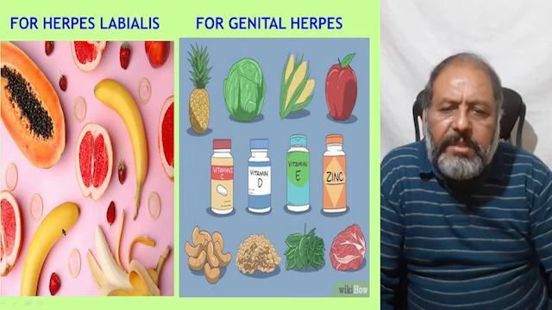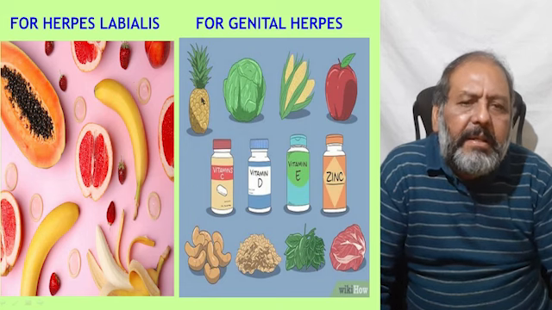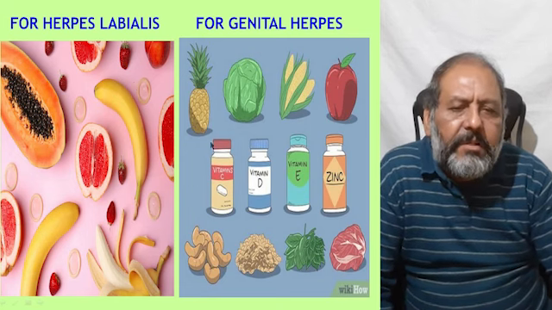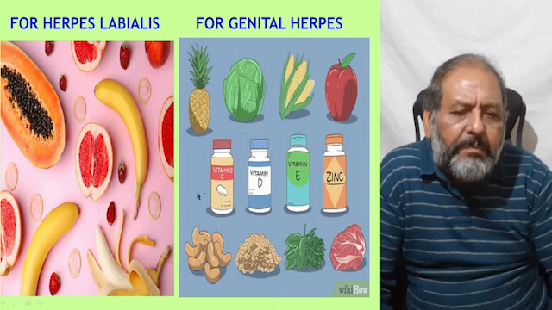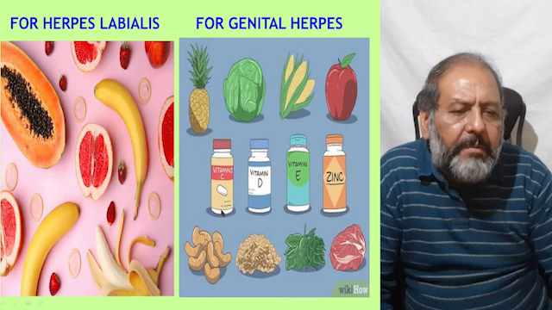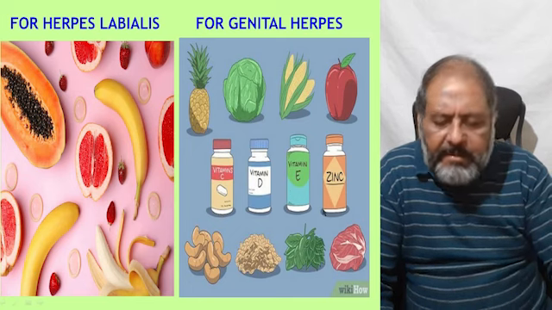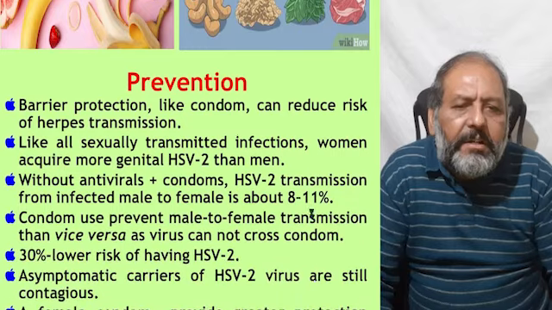These are the different kinds of fruits, as one can see. For genital warts, these are said to be of some help, and they also include vitamin D, vitamin A, vitamin E, and zinc.